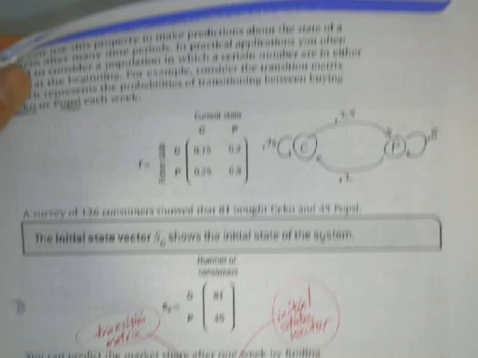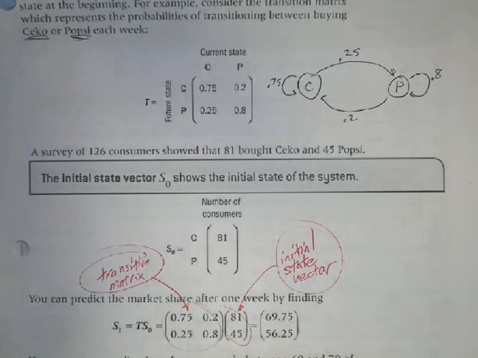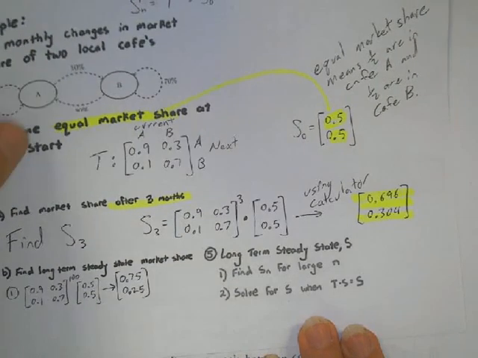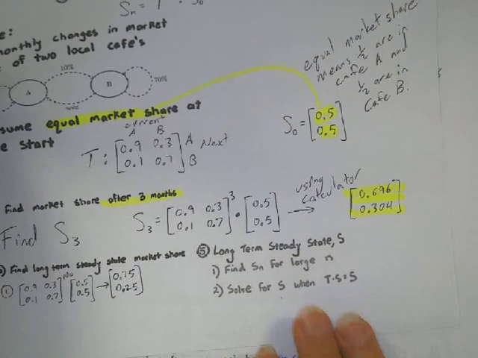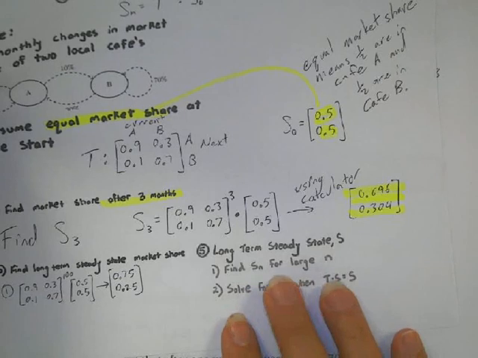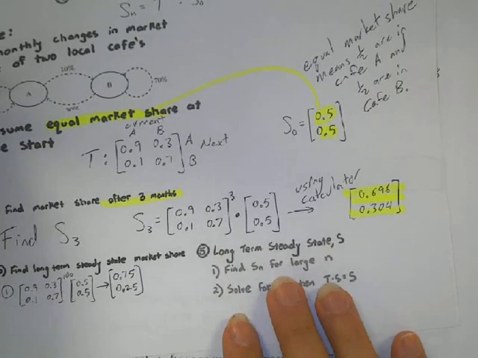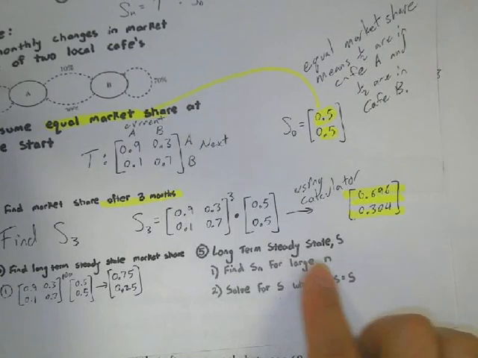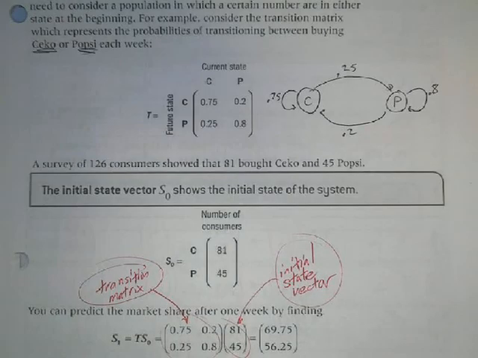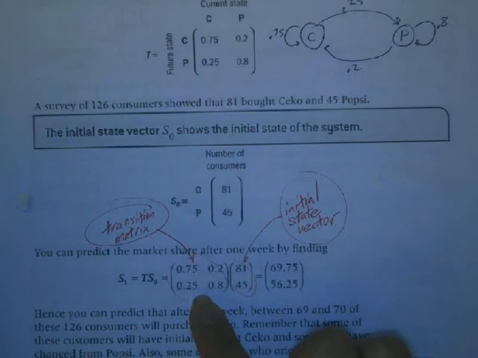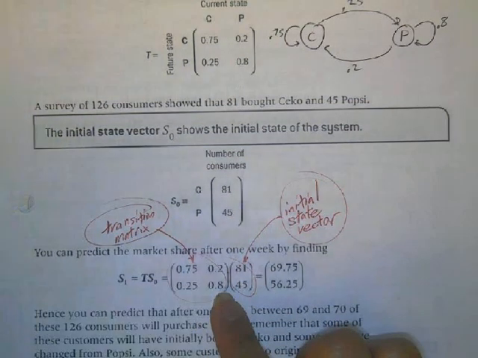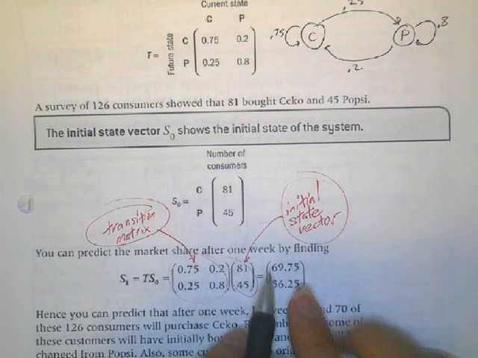What we did with our Revision Village assignment is that we discussed when n is large, when the power of our transition matrix is large, then we're going to find the steady state.